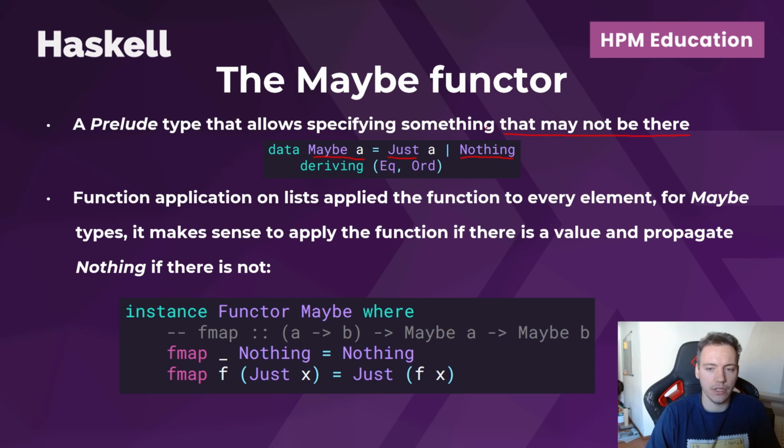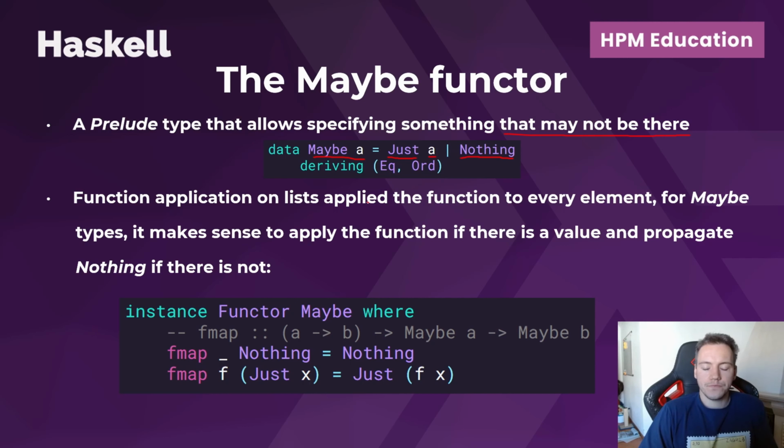Some calculation did not work out, so as a result we got Nothing. Or Just a, which is simply a wrapper around a value a, so it's really just this value simply wrapped in the Maybe type by the Just data constructor.